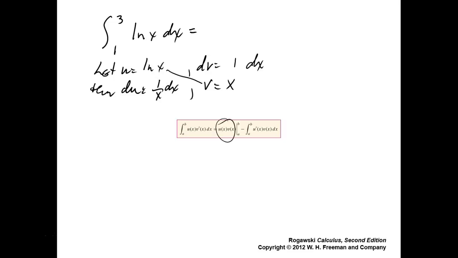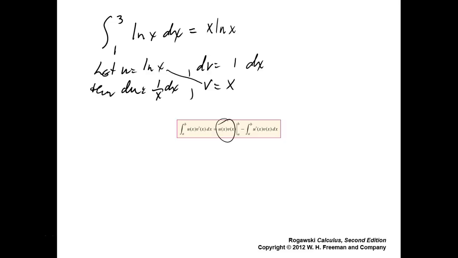What's the product of u times v? I would write it v times u, x ln of x. Okay, one times the other.